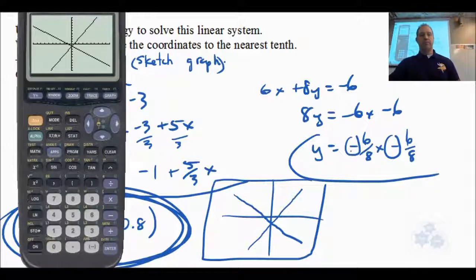Okay? Second function trace to get to the calculate menu, number 5, and then it's enter, enter, enter, because we only have 2 lines and only have 1 intersection point, so the calculator will know what you're talking about. And there is your answer, your solution. Okay? Any questions?